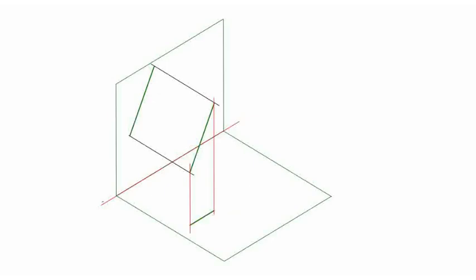So, in summary, parallel line, true length in both views. Inclined line, true length only by auxiliary or rotation method. That's the basic foundation of projecting straight lines in orthographic views.